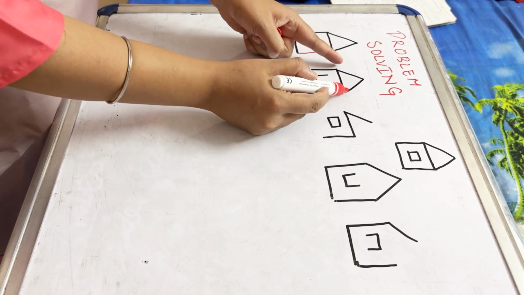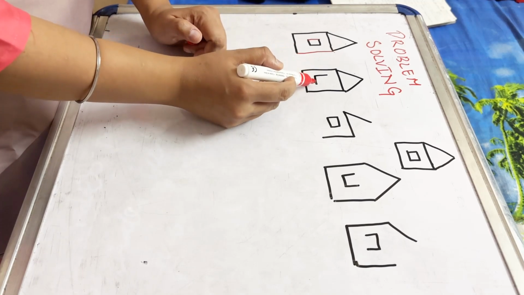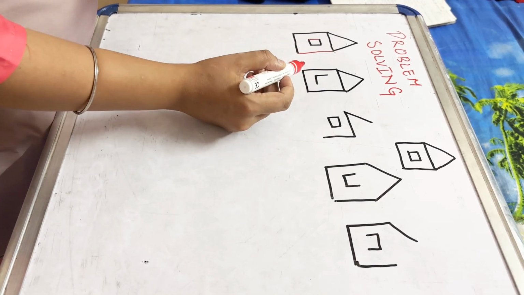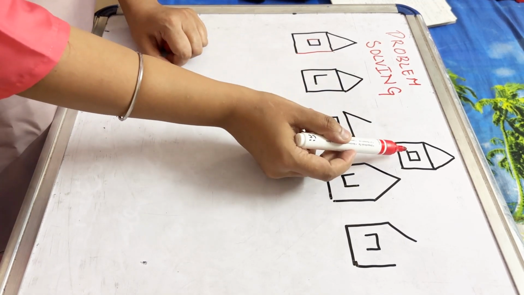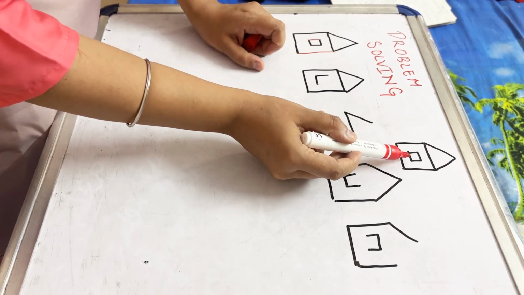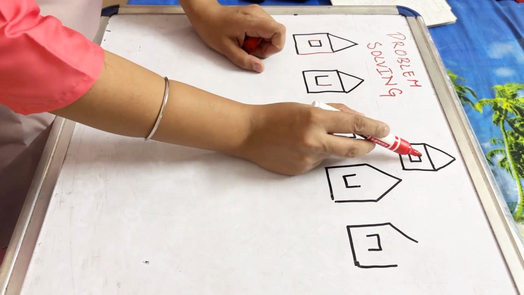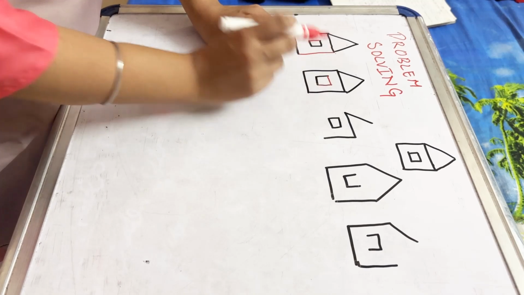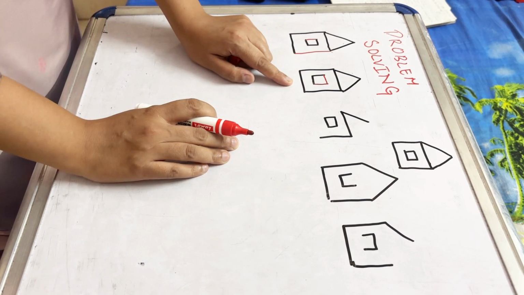A triangle on top, a square at the bottom, and inside is an L. Now here you can ask the question, how can you turn an L into a square? It has one standing line, one sleeping line. Let's make one more standing line and one more sleeping line. This also helps the child to learn tracking skills.